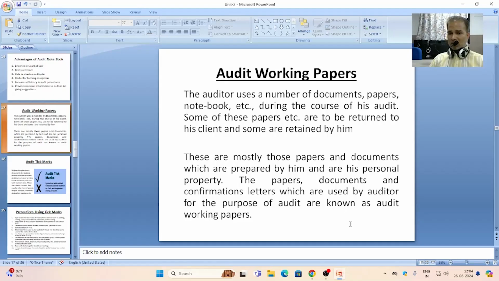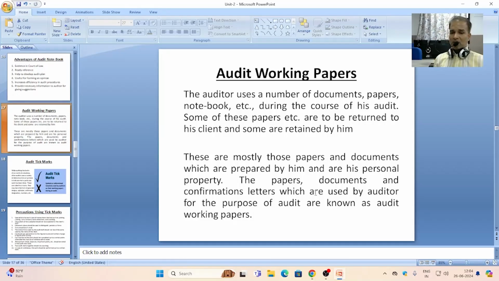All these working papers are most important for the audit work. Mostly these papers and documents are prepared by the auditor and are his personal property.